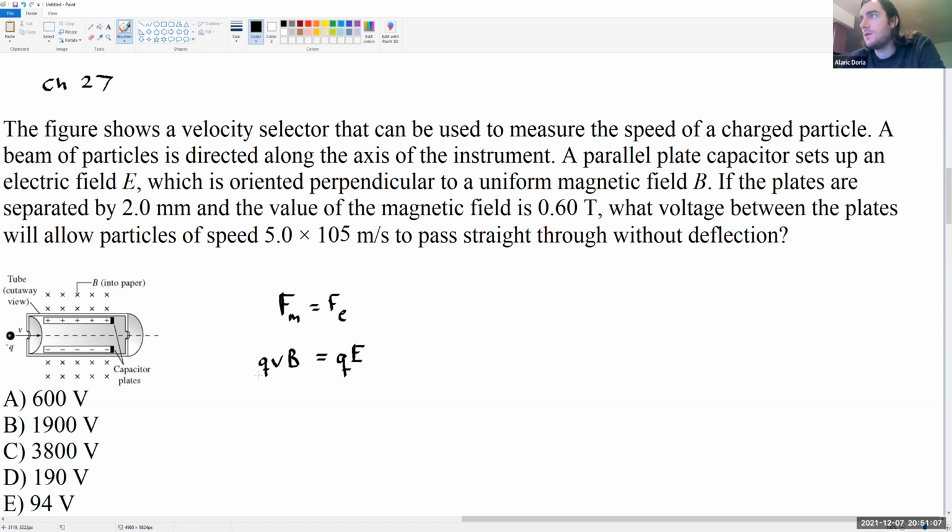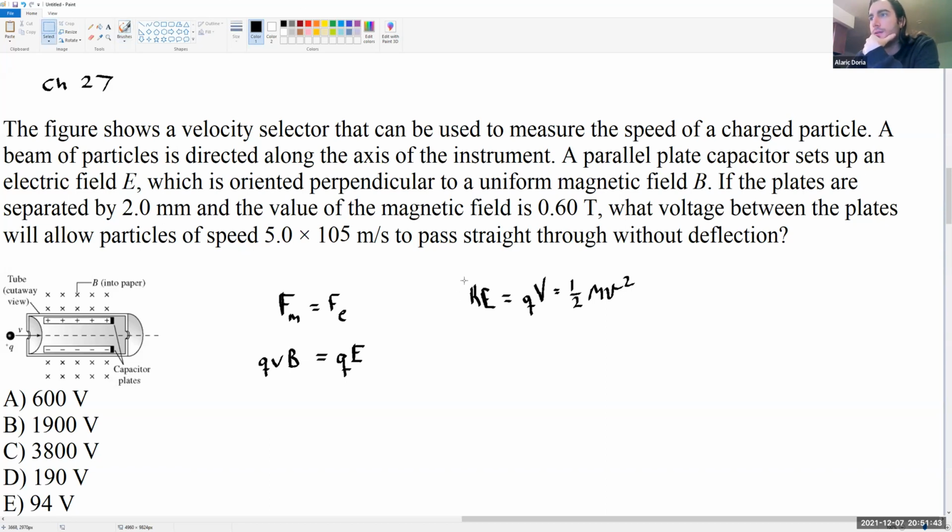Anything else to remember about this question here? I see parallel plate capacitor sets up an electric field. Maybe you need to know the energy of the particles, their kinetic energy, right? If they're accelerated through a potential of QV, then they're going to have 1/2 mv squared for their velocity, right?